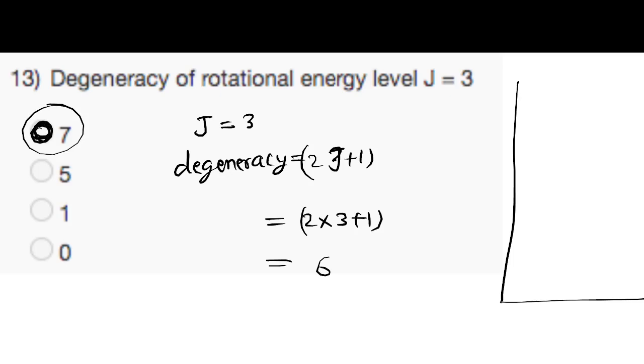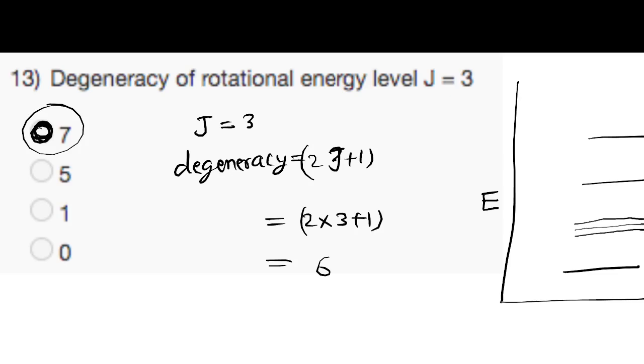And if you try to draw the energy level diagram, how can we draw it? First the 0 level, and here 1, 2, 3. Can you tell the degeneracy for J equal to 1? Three, right? So there will be 3 levels which have the same energy.